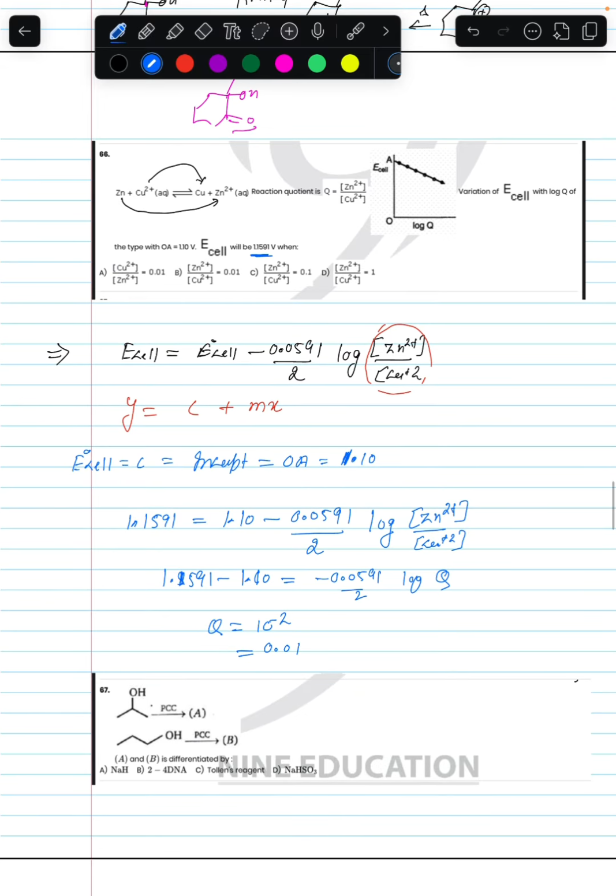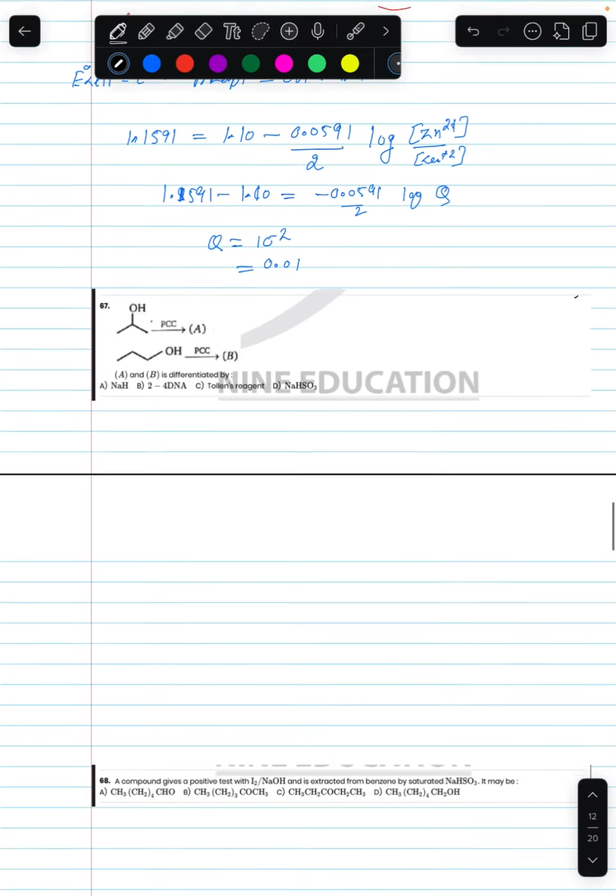For this reaction quotient, plotted with E cell, we get E naught cell 1.10 and E cell 1.1591, and the ratio will be 0.01. So the correct answer will be option number B.